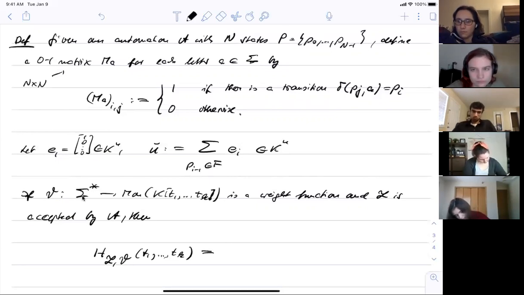We take the vector u we just defined, its transpose, we multiply it by a matrix and then multiply by E1. And what is the matrix?